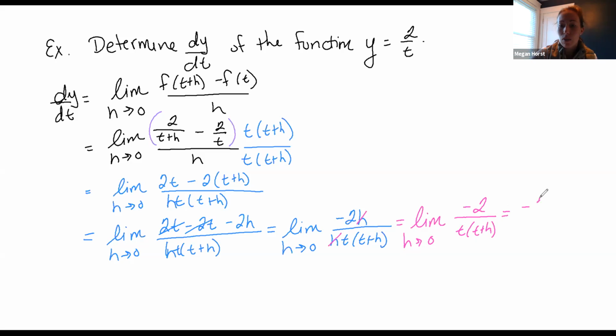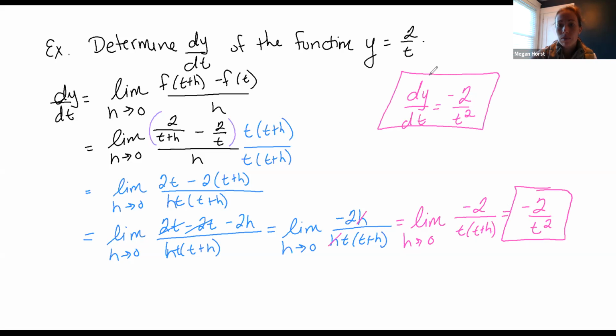I end up getting -2 over t squared, which means that dy/dt equals -2 over t squared. So the derivative of this function is -2 over t squared.